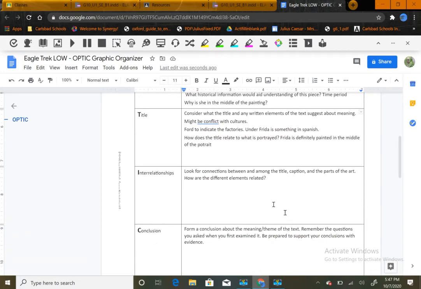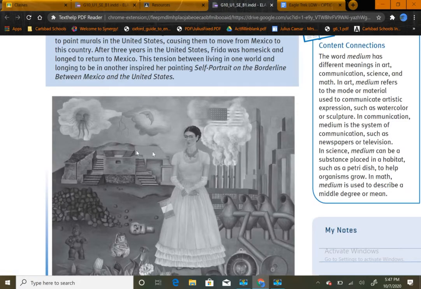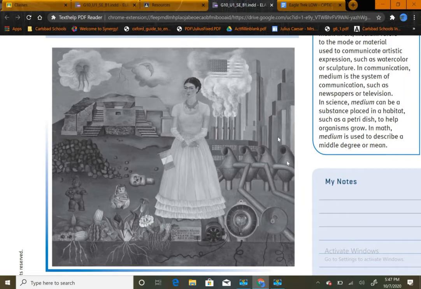For connections between the title, caption, parts of art, how are the different elements related? Well, you can obviously see there's something not terrible, but something that is culturally different between the two. This looks very industrialized. This does not.